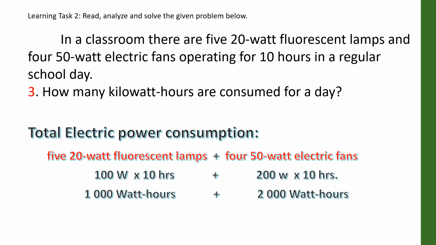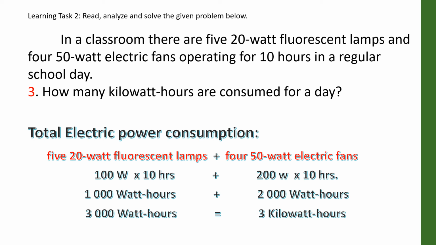Okay? Now, 100 watts times 10 hours will give us 1,000 watt hours. While the other 200 watts times 10 hours will give us 2,000 watt hours. Adding the two will give us 3,000 watt hours. At yung 3,000 watt hours na yon is equivalent to 3 kilowatt hours.